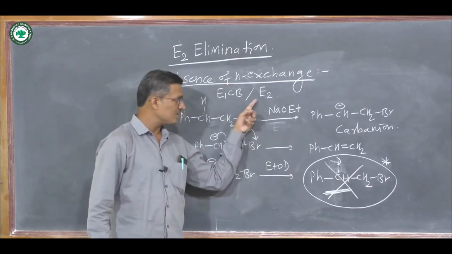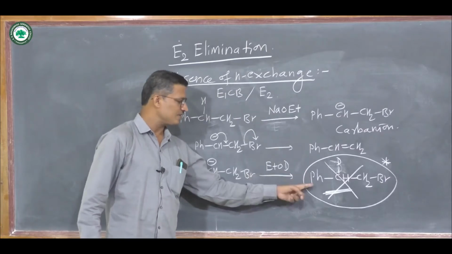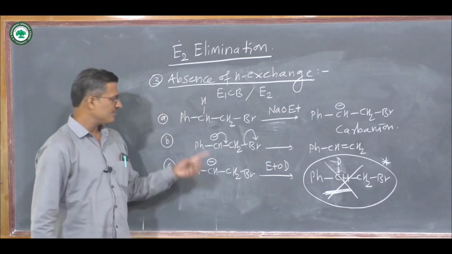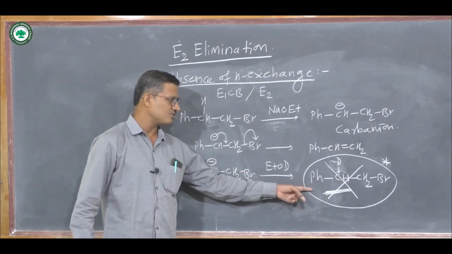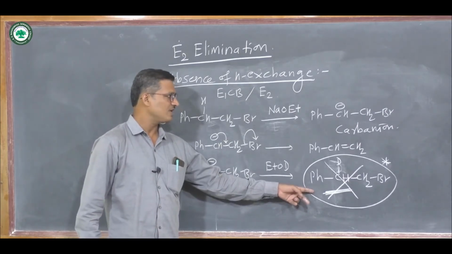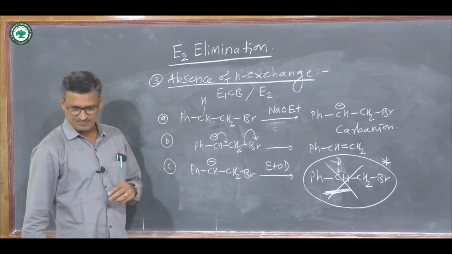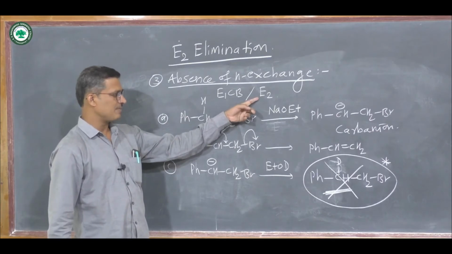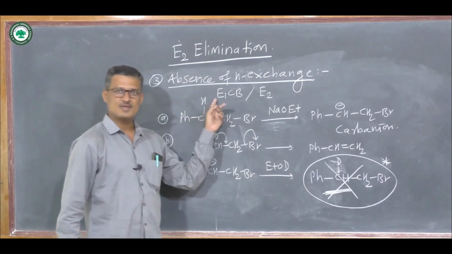So when the reaction follows the E2 mechanism, the hydrogen exchange product never forms. Actually, when you take 2-bromopropane, we never get such a hydrogen exchange product in the reaction mixture, and it indicates that 2-phenyl ethyl bromide reacts by E2 elimination but not by the E1CB mechanism.